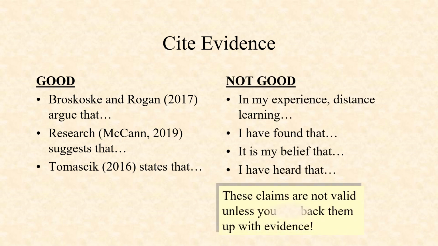If you find yourself saying things like, in my experience, or I have found, or it's my belief, or I have heard, well, those are opinions and your experience, but they're just claims, and they're not valid in a research paper until you can back them up with evidence.